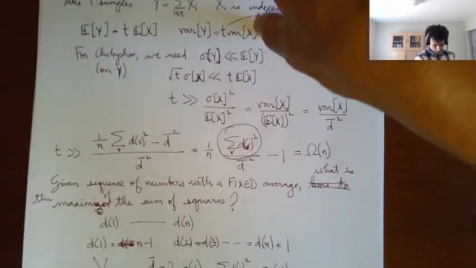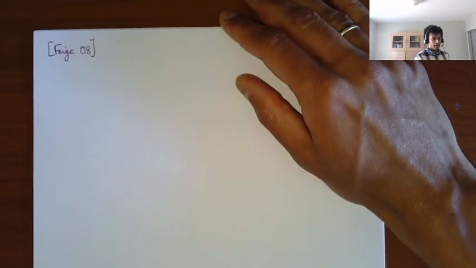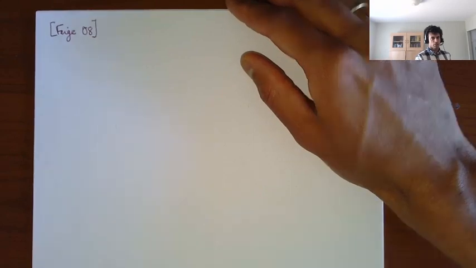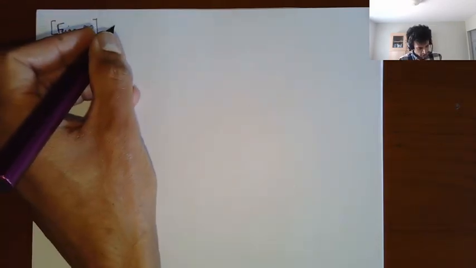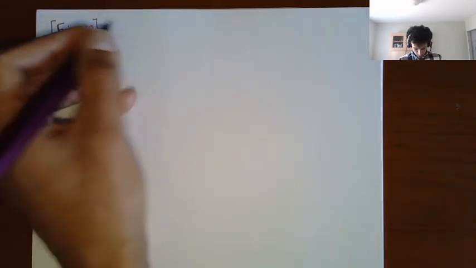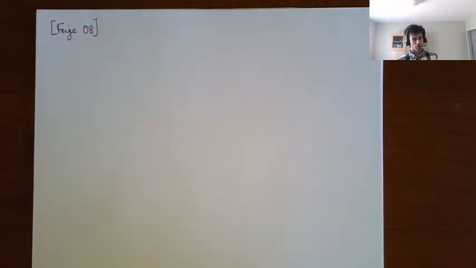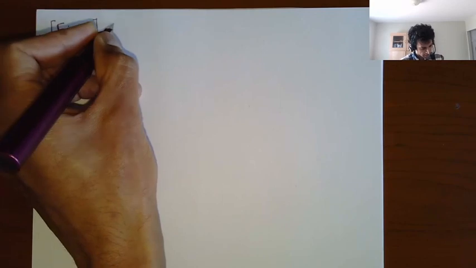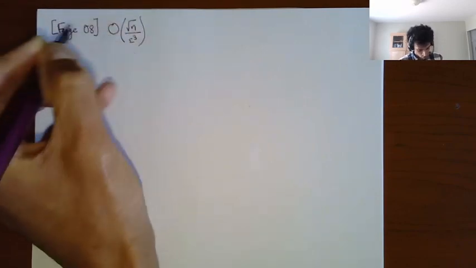What Feige proved, and indeed what I'm going to present is not Feige's proof, but rather a simplified version of the proof that was given by Ed and Ron and myself. Now I'm going to ignore dependences on epsilon, and I'm just going to write this as O of root n divided by epsilon cubed.